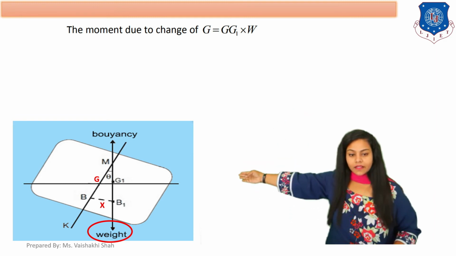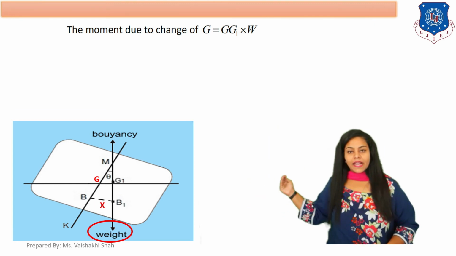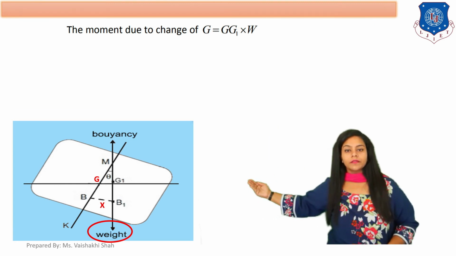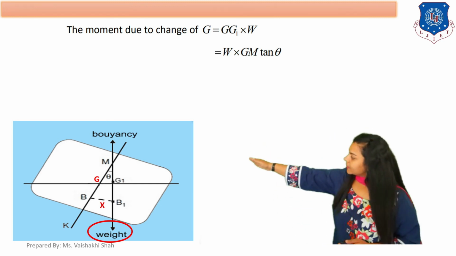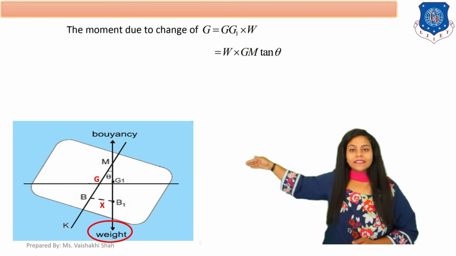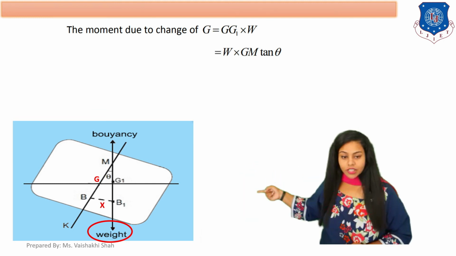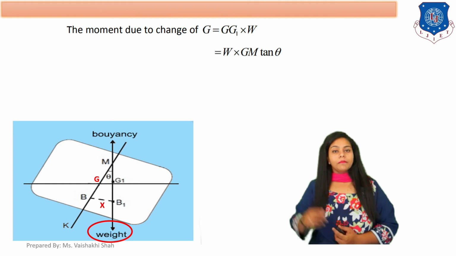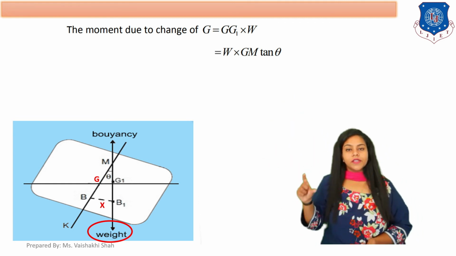As you can see in the diagram, if you apply the equation for tan theta, with the angle theta, you get GG1 equals GM tan theta. GG1 equals GM tan theta.